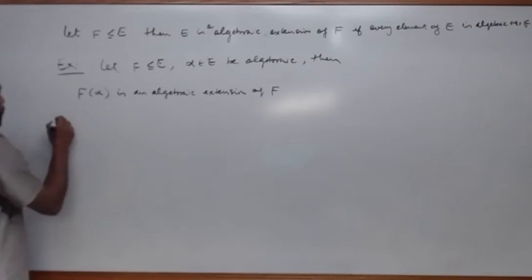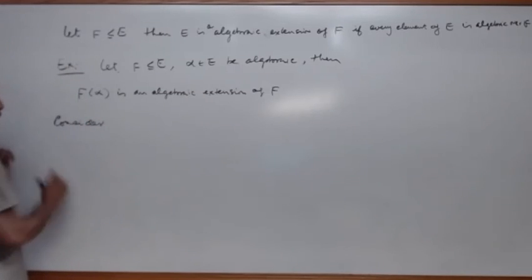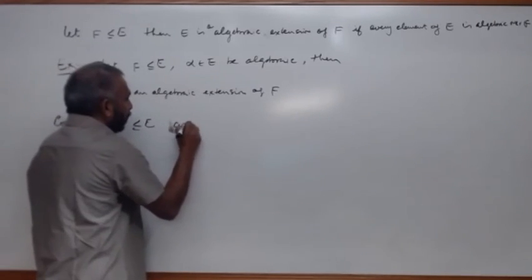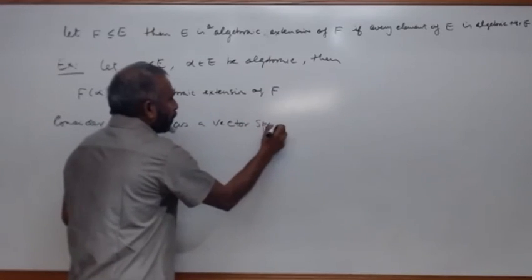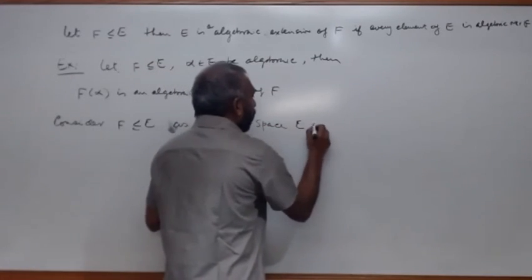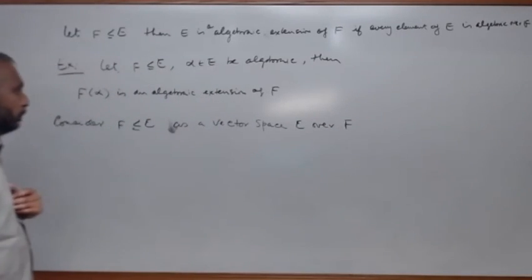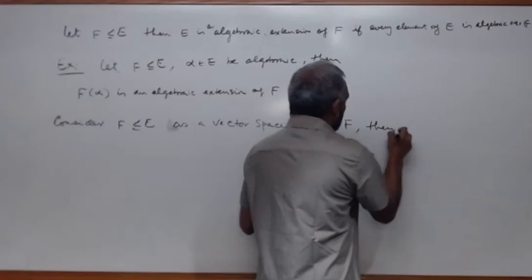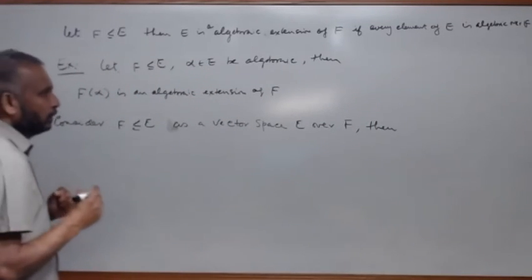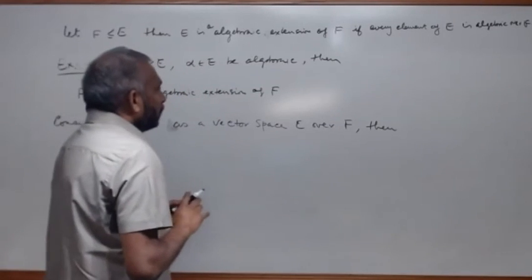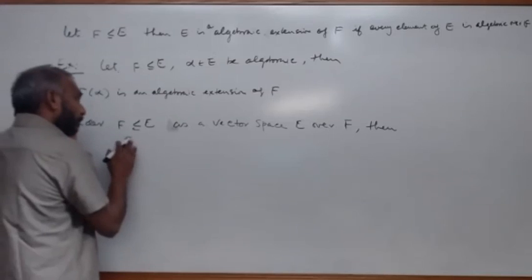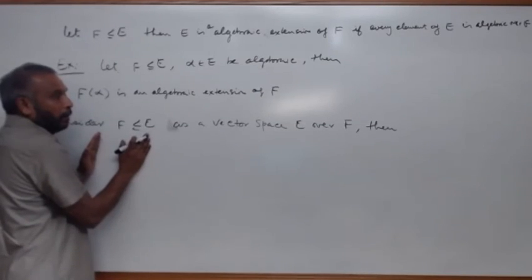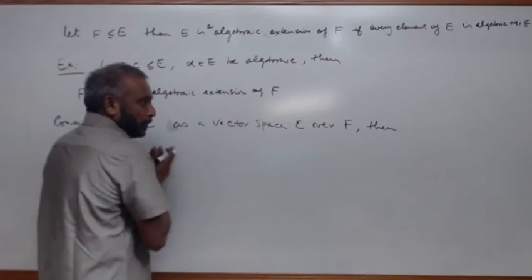Now consider an extension E of F as a vector space E over F. I'm not going to say whether it is algebraic or not, but we are going to see that it has to be an algebraic extension, because otherwise it won't be a vector space.